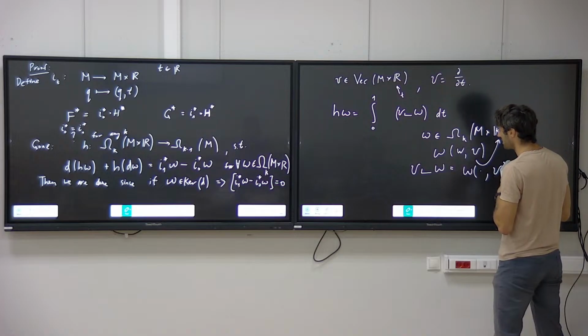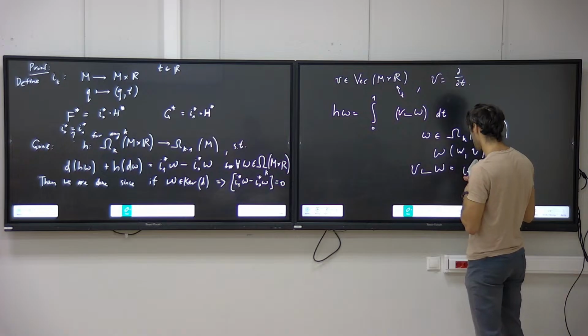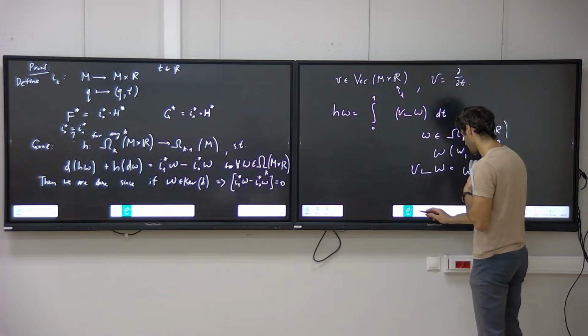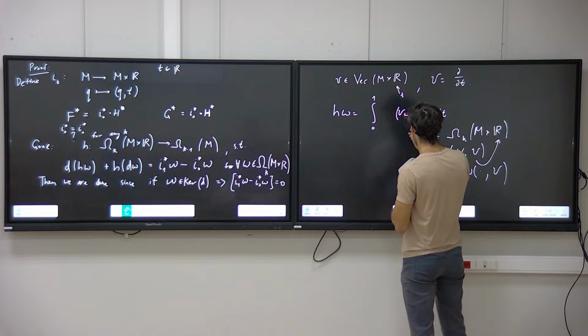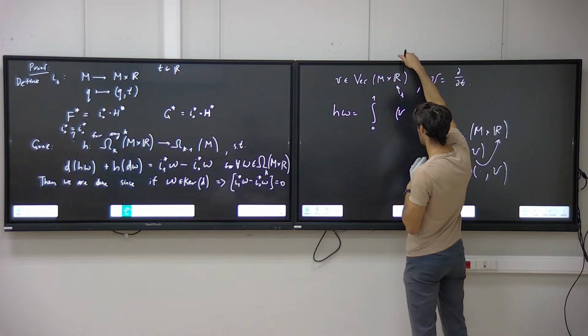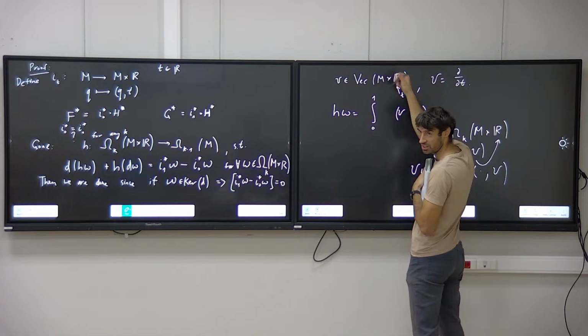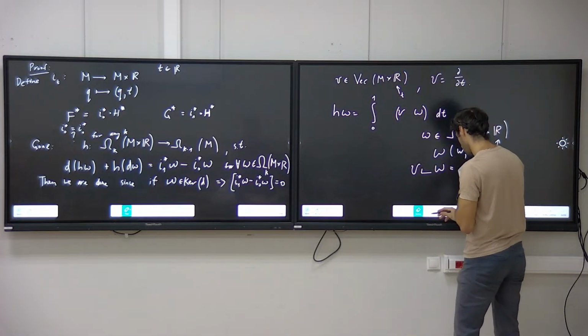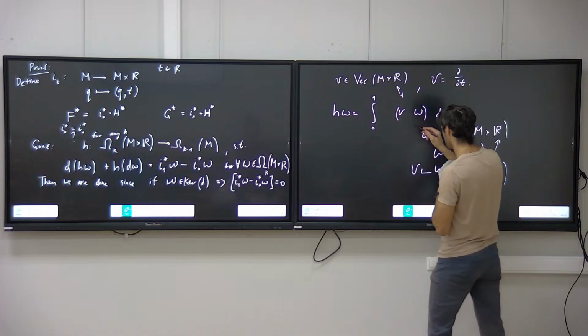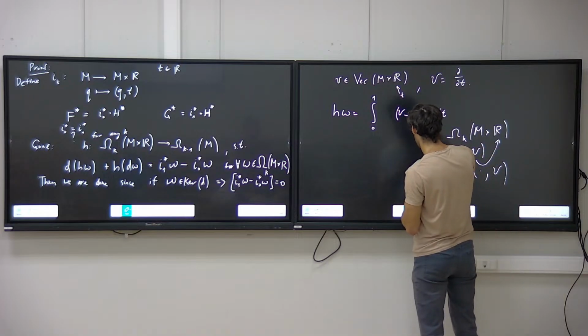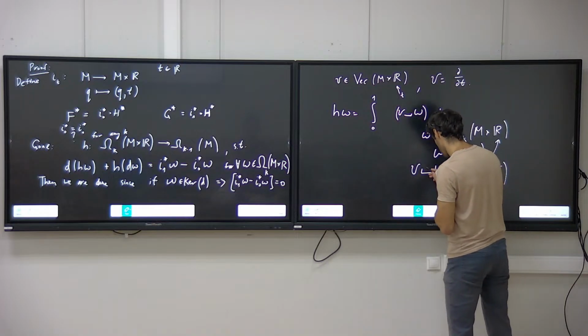That was not my intention, but it's okay. Let's keep the same symbol. We cannot put v in the first entry, since v is a vector in here. It's clear where I should substitute, but okay, let's keep the same symbol.